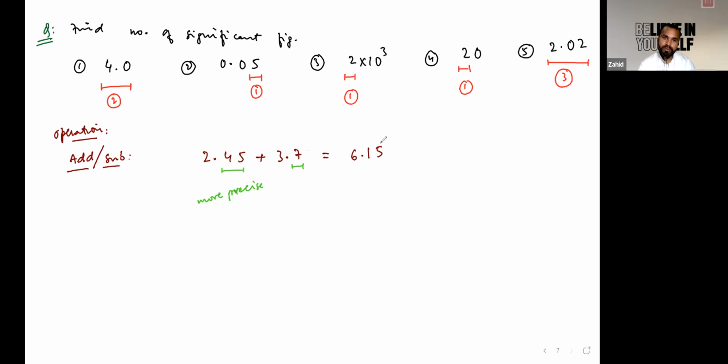So we have to round off this answer to 1 significant figure after the decimal. So it will be 6.2. Since this is 5, which is greater than 4, on rounding off it increases this digit by 1.